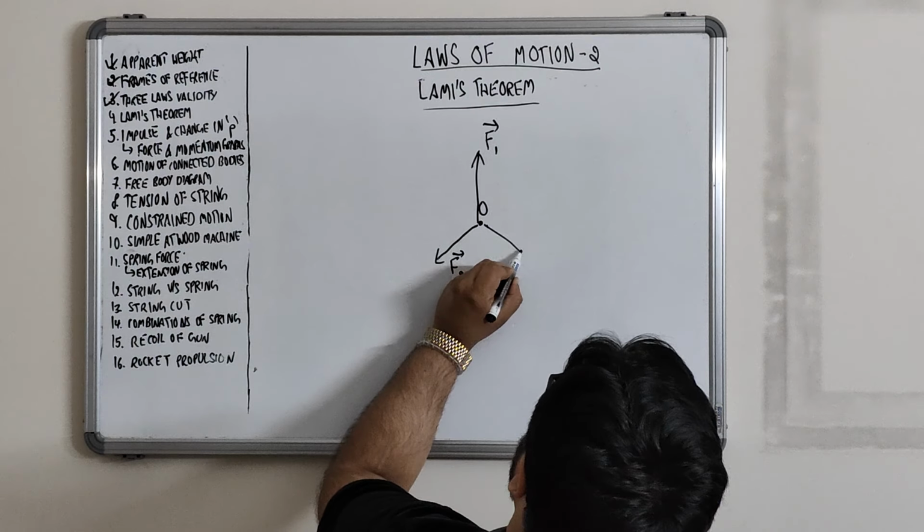What does Lami's theorem state? Assume that this particle O is in equilibrium despite the forces acting on it. Then the ratio of F1 to sine alpha will be equal to F2 to sine beta, which will be equal to F3 to sine gamma. That's what Lami's theorem is, nothing more. You can pause and write it down.